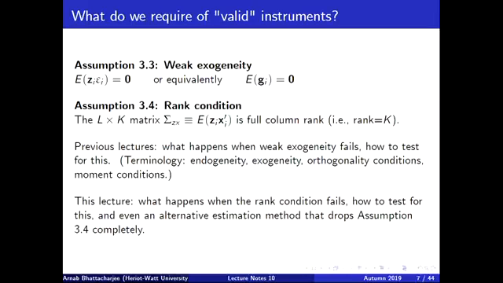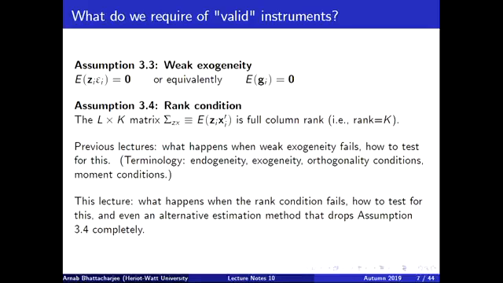This is what we have been focusing on so far, right? We have somewhat ignored the rank condition, which was also there all of the time. Essentially what it says is that there is enough information in the IVs to identify all your structural parameters. So that is about the rank.